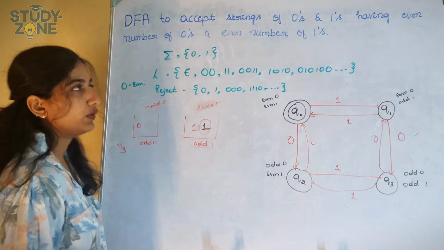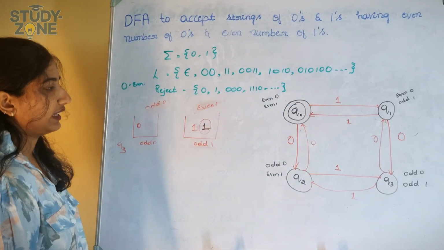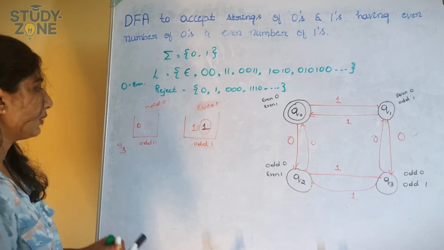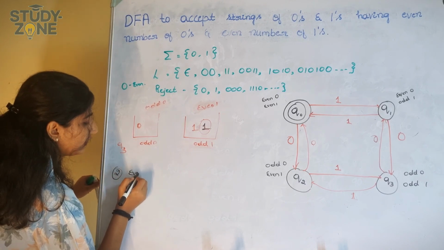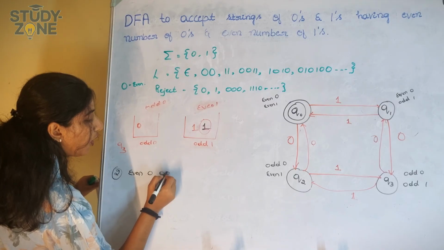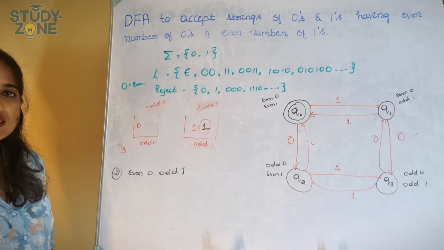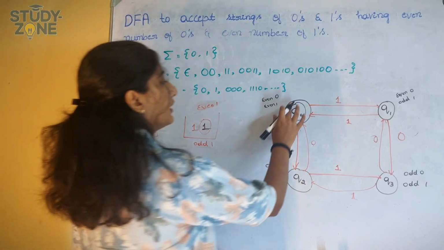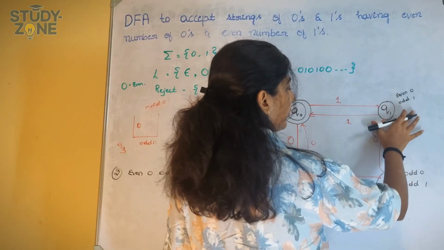Okay, now in the problem we have even number of 0 and even number of 1. So done. Now my question is, if the problem is like this, even 0, odd 1, what will you do? You will do just one simple thing: remove this as final state and give this as a final state.